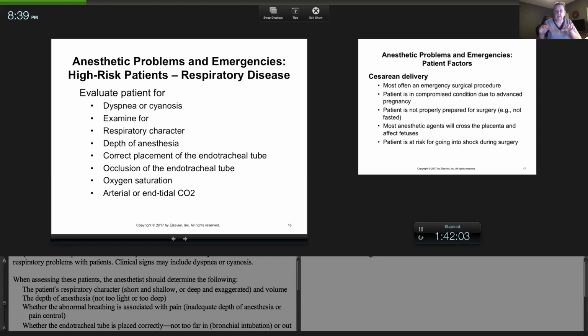So one of the fastest ways to figure out an animal under distress: is it a machine malfunction? Is it a patient? Disconnect them. Does it solve the problem? And when I did that, I discovered that the tube, they had overinflated the cuff. And when I deflated the cuff, it solved the problem. Always check your CO2 and your arterial CO2 if you can.